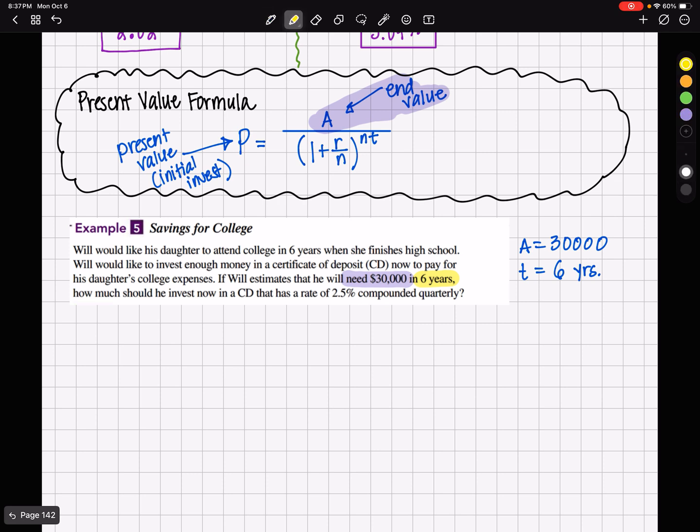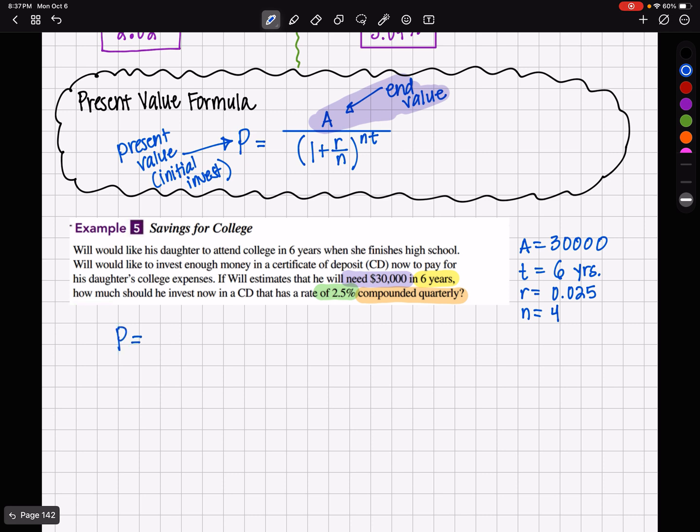And we have an interest rate of 2.5% and compounded quarterly. So our interest rate is going to be 0.025, and compounded quarterly means that N is equal to 4. And now we're ready to just plug away.